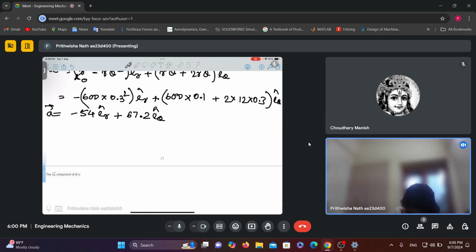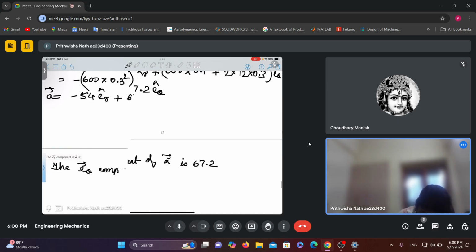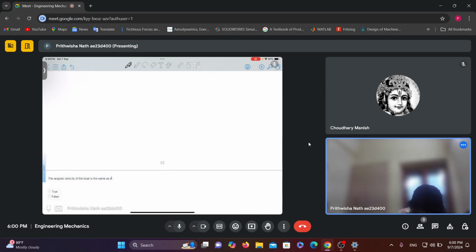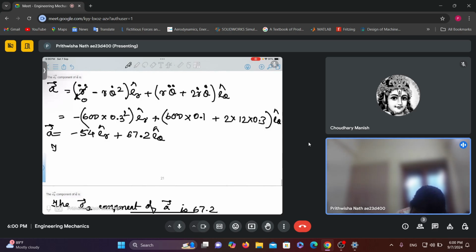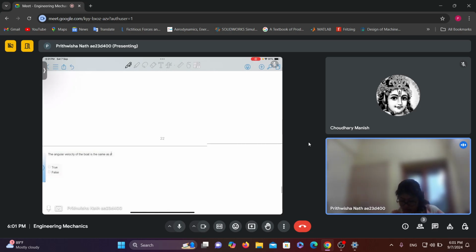So the E theta component is 67.2, and the ER component is minus 54.